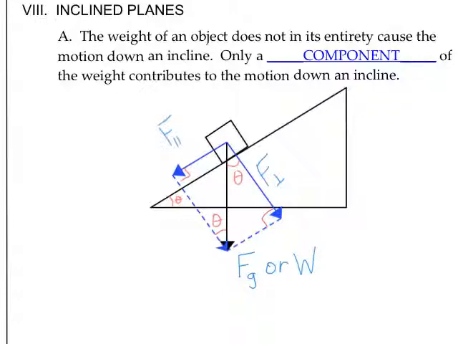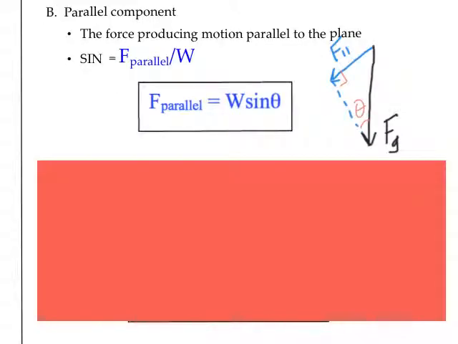So how can we figure out the actual size of each of these? If I consider the portion of the picture on the previous slide with the parallel component, I can look at the sine of the angle, which would be the opposite leg, which is this one, over the hypotenuse, which would be my weight. So the parallel component is the opposite leg, and the weight, or the gravitational force, is the hypotenuse.